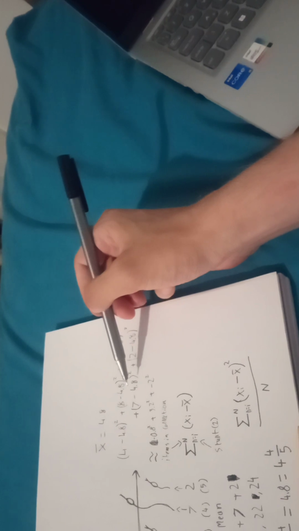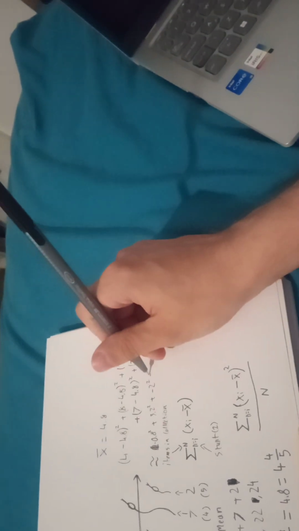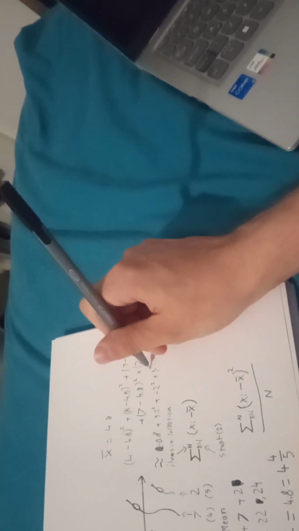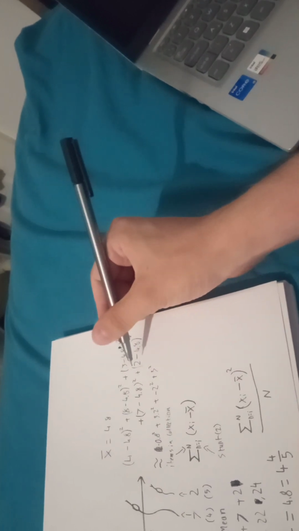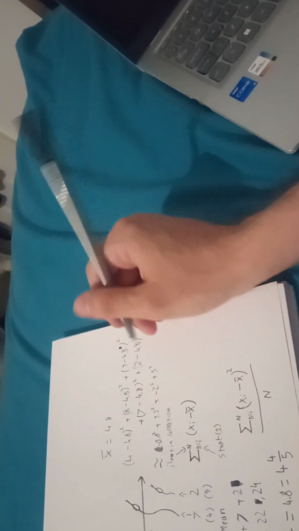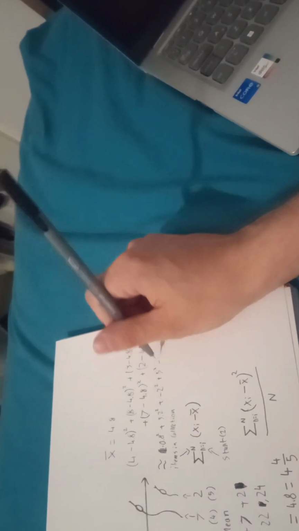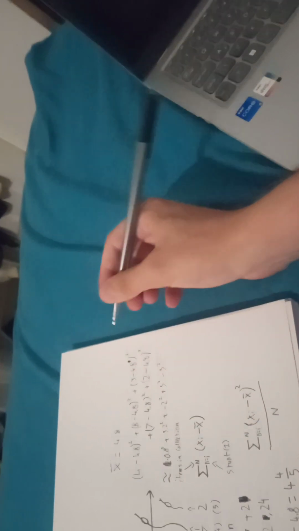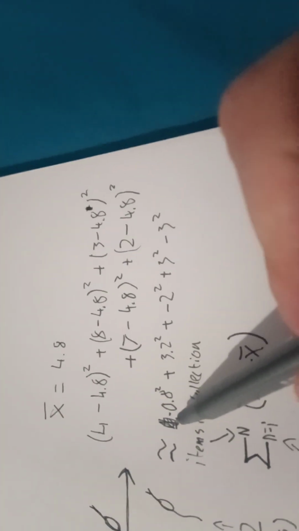This is going to be about plus 3 squared. And then this is going to be about minus 3 squared. Okay. Now, the nice thing about when you square numbers, if they're odd, you can ignore them, okay?